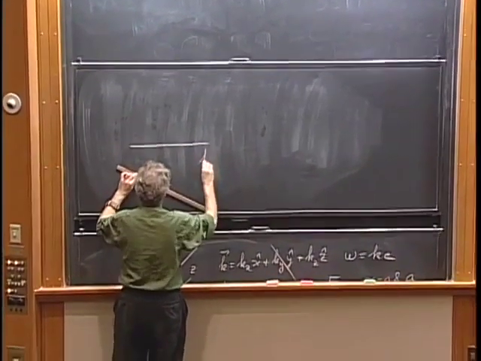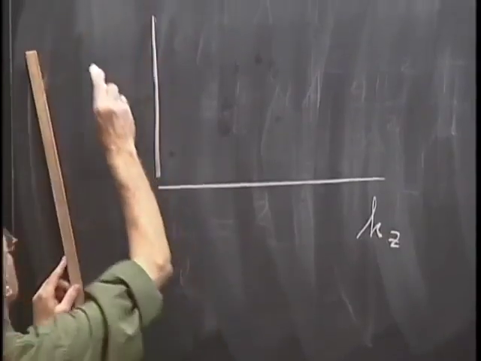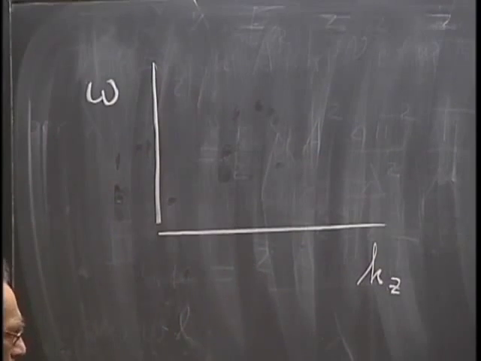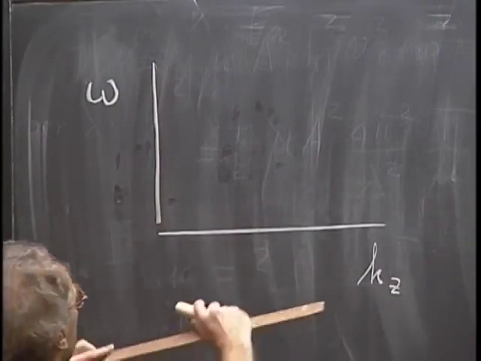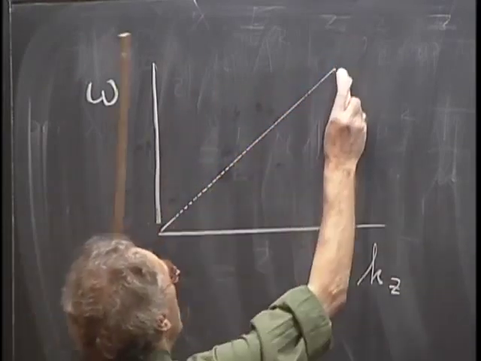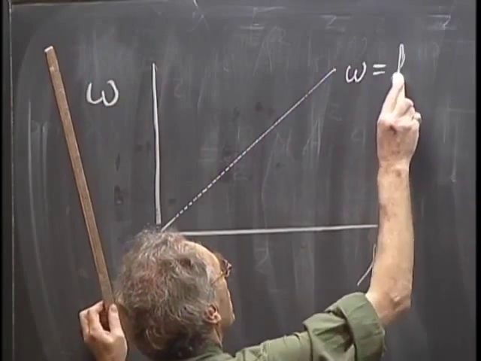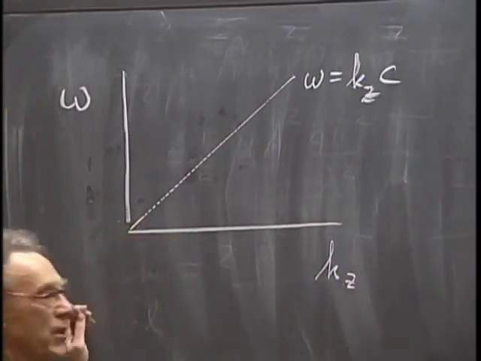So this is kz, and this is omega, and I am going to plot for you this relationship. This line would be omega equals kz times c. That would be non-dispersive.